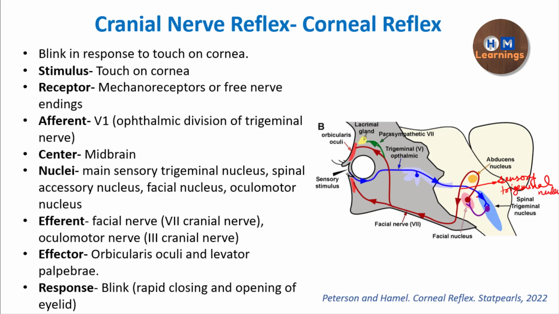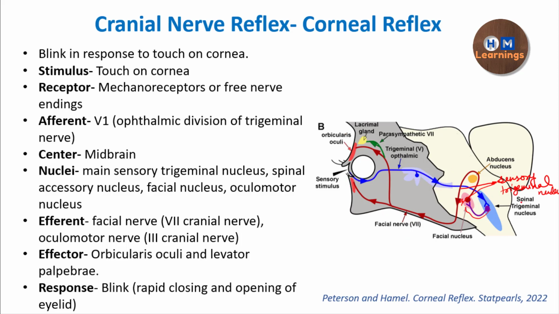So from there, both of these nuclei are sending projections to the facial nucleus. This purple neuron is the projection starting from the spinal trigeminal nucleus to the facial nucleus, and here also the sensory trigeminal nucleus is sending projections to the facial nucleus. And from the facial nucleus, the efferent will start, which is the motor neuron, the facial nerve, going to the orbicularis oculi.